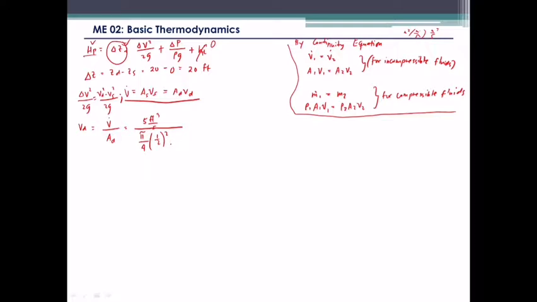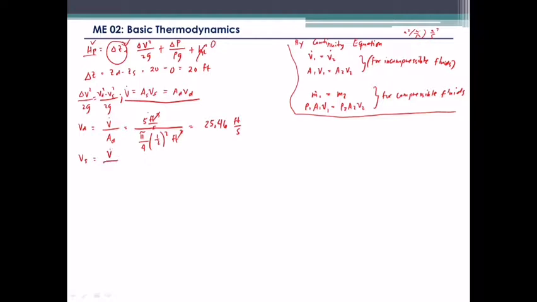This is in the unit feet squared. So, feet cubed over feet squared, we get the unit feet per second, 25.46 feet per second.